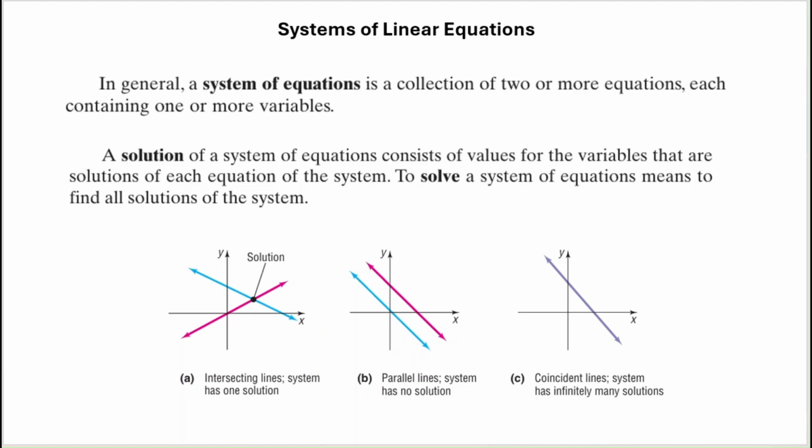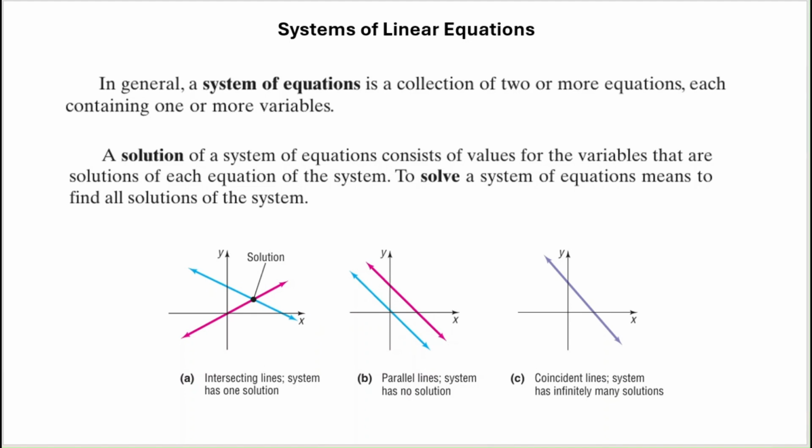In the case of systems of two linear equations in two variables, when you graph the equations, you can find the following scenarios. The first scenario is where the lines are intersecting at one point.